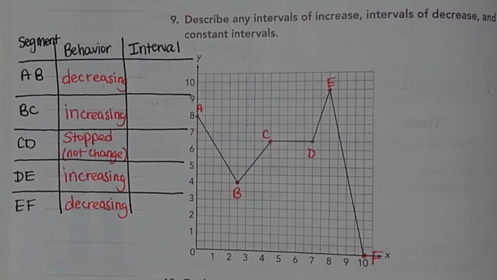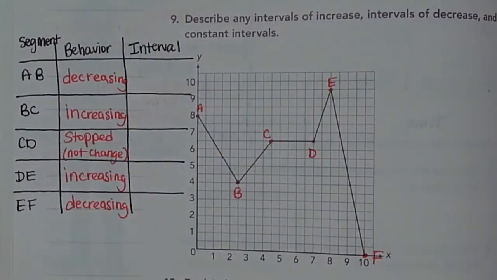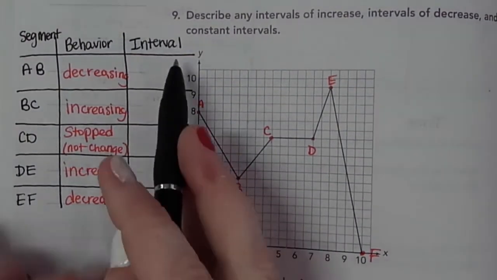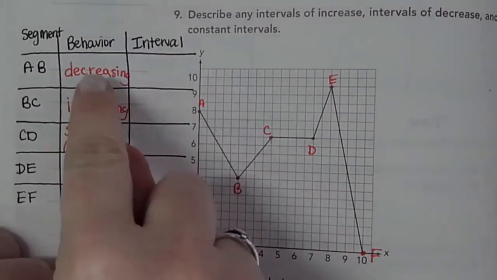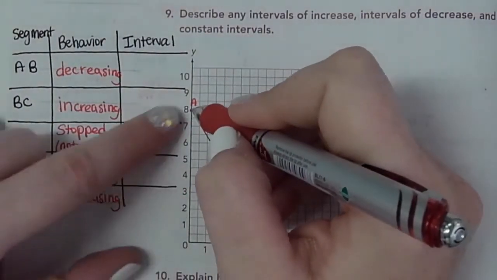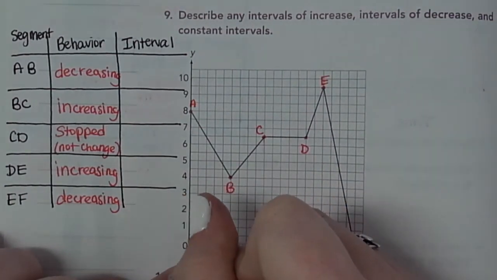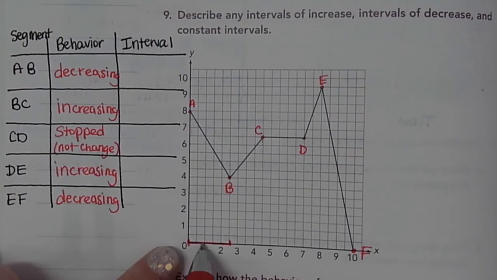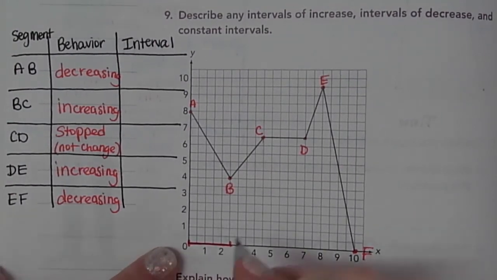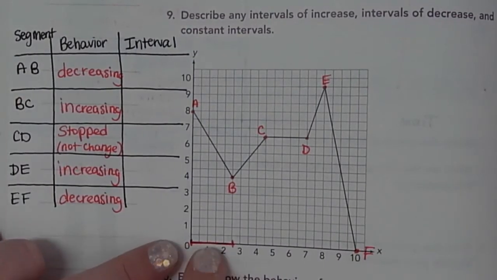Okay, now this is the next part that we're adding. It's called an interval. So we want to talk about the interval, or between what two points is that decreasing happening. So it starts at A and ends at B. So we're going to look on this part of the graph right here. It was decreasing, and we always use the input when we're talking about it.